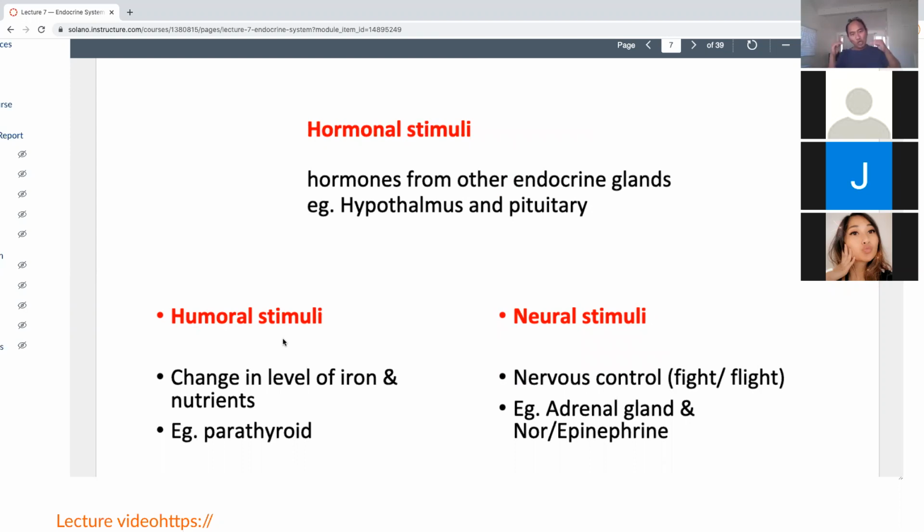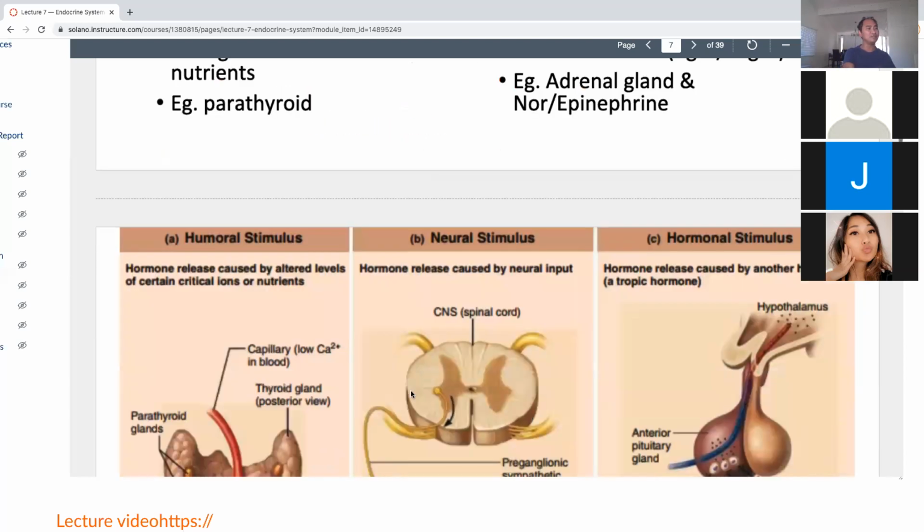If there is low calcium, we have more parathyroid hormone to get more calcium in our body. So that's humoral and hormonal stimuli. And your thinking, the hypothalamus will be secreting hormone to stimulate. So these are the controls of the endocrine system.